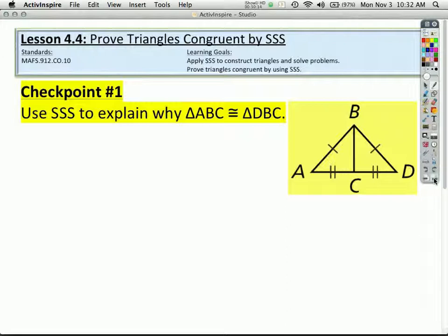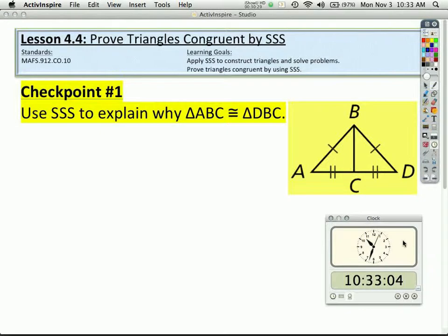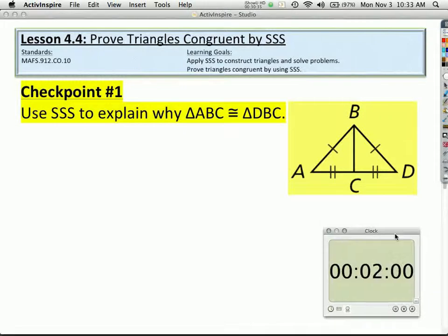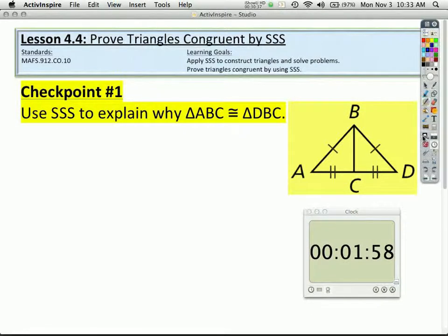I want you to explain why it's true. Okay? So it's more informal. It's not going to be listed perfectly in a T-table. It's informal. But you need to explain. Okay? Any questions about that? Take about 2 minutes. Of course, if you have any questions, please let me know.